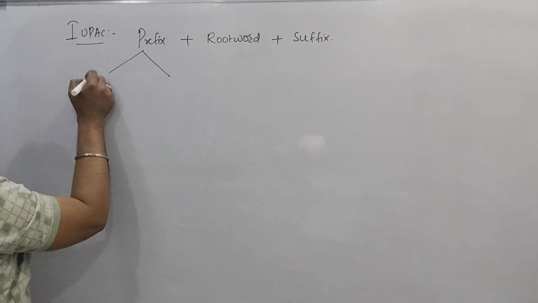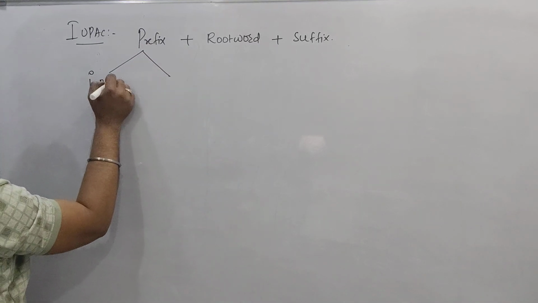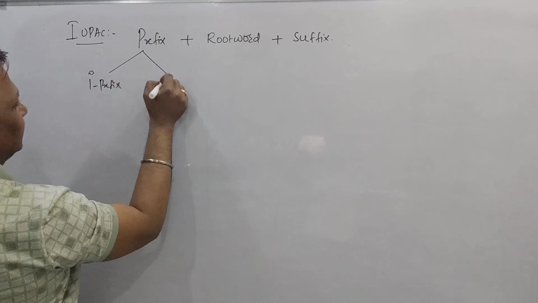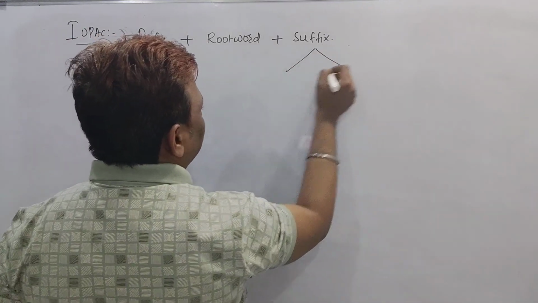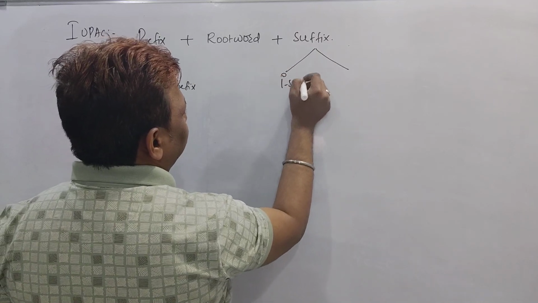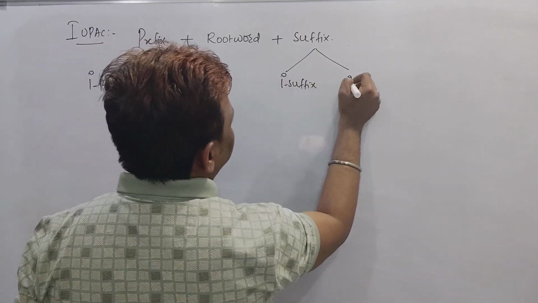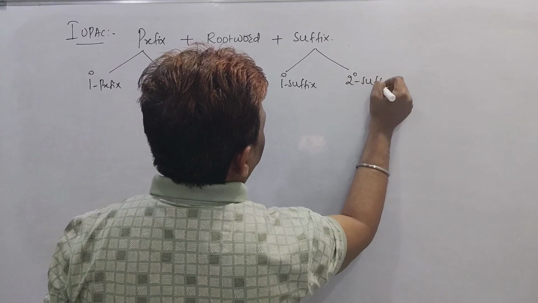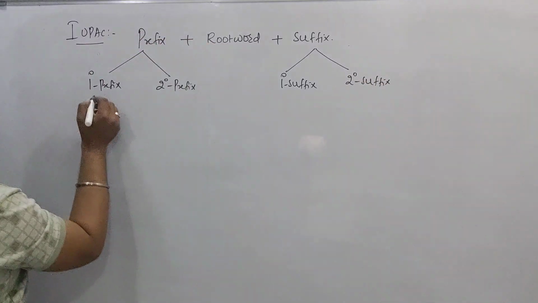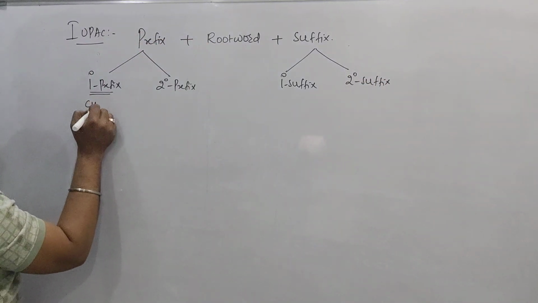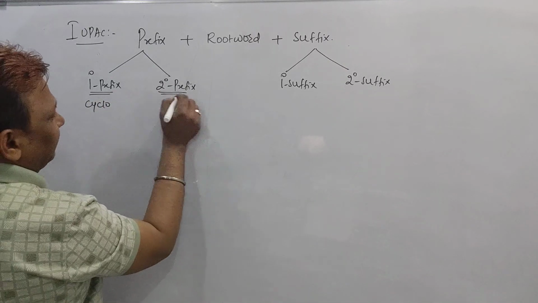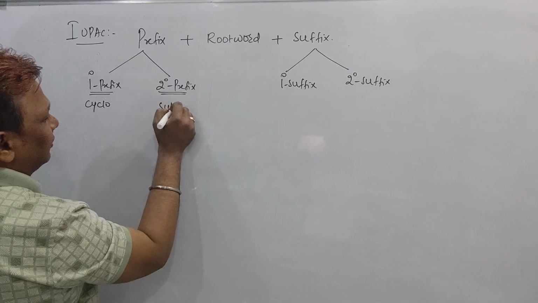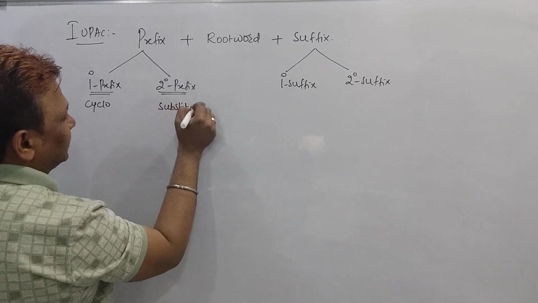In my previous video I told you, it is a primary prefix and one more is the secondary prefix. And suffixes are also 2 types. Did you remember? The first one will be called a primary suffix and the second one will be called a secondary suffix. But a primary suffix can be used for the compound if it is cyclic, called cyclo. A secondary prefix can be used for the compound if it has substituents.